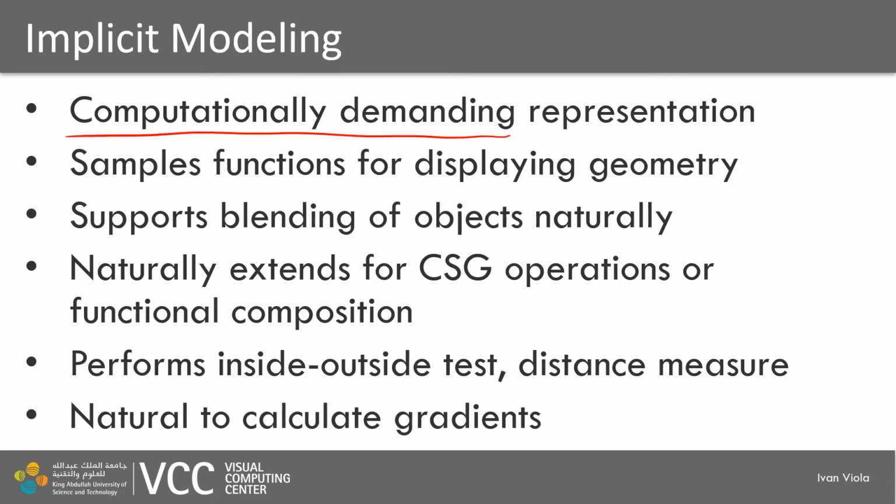And last but not least, we can relatively easily calculate the gradients because the gradients will be defined simply by the derivatives of our implicit modeling representation, by the formula. So we simply derive the formula along each spatial dimension, and then we will have our gradient value, which we can calculate for each position in space.